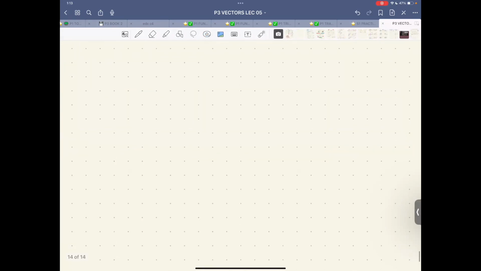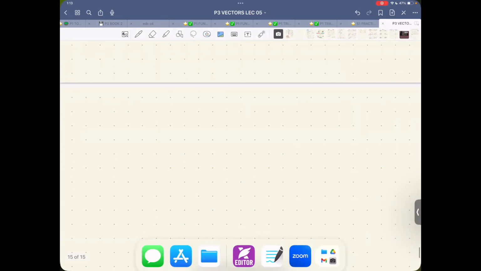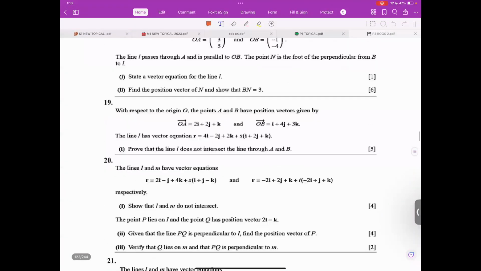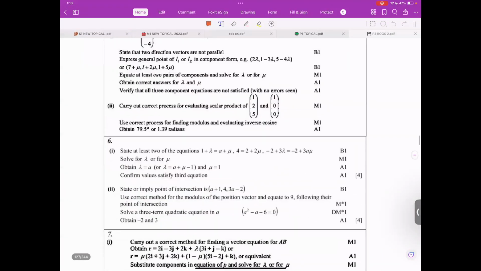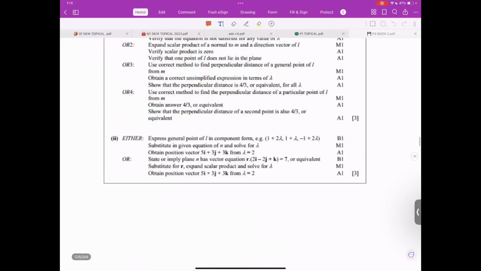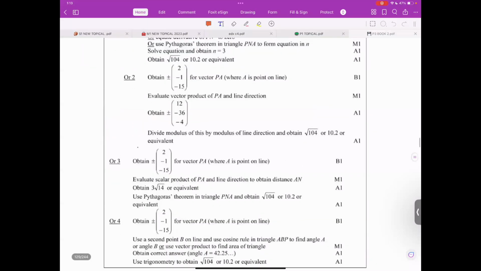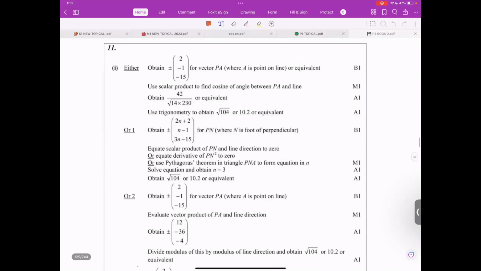And let me also paste the mark scheme. Question 9, 10, 11. Okay. So I think the first two method marks would suffice.